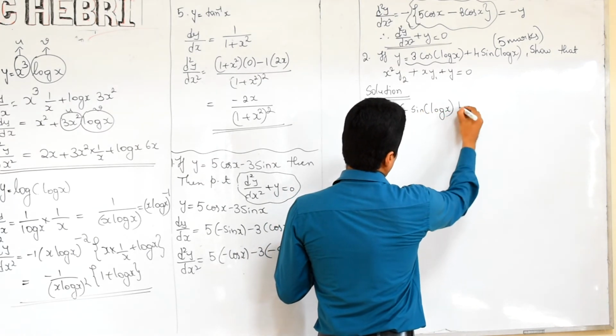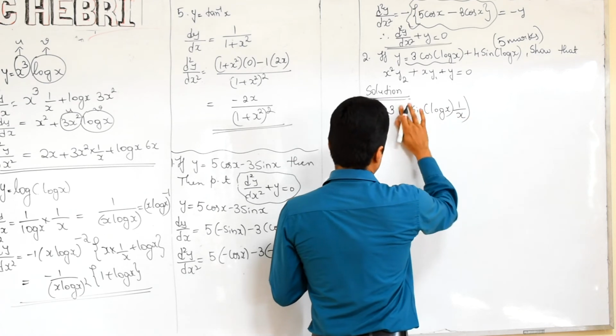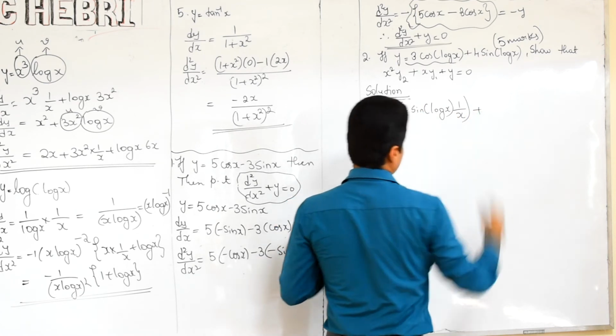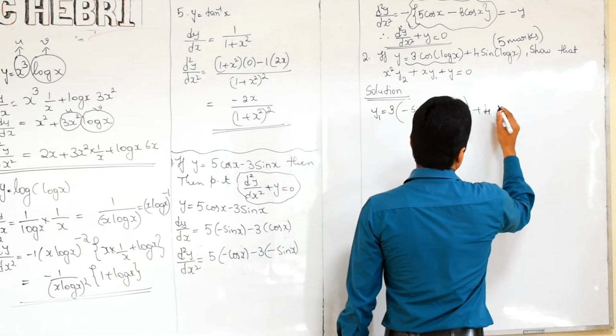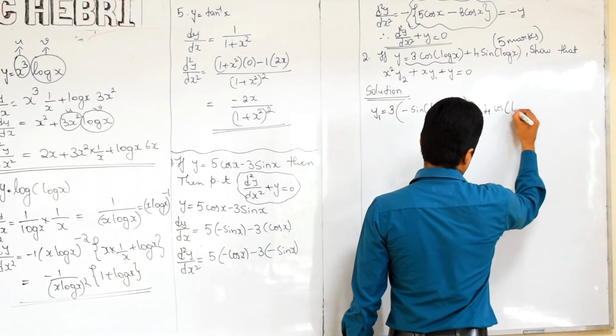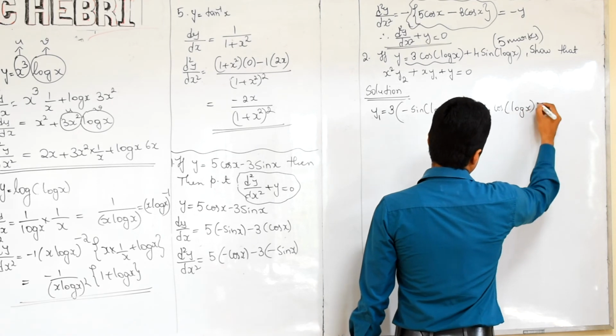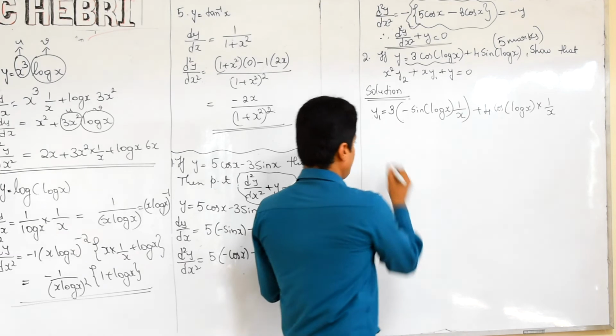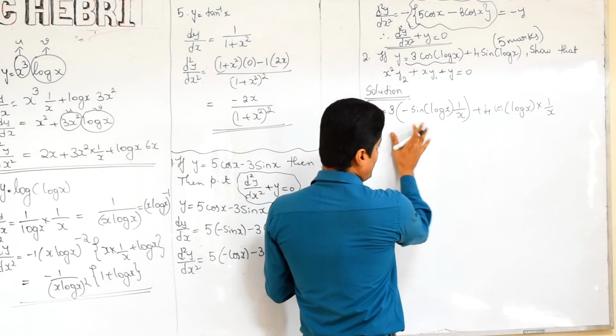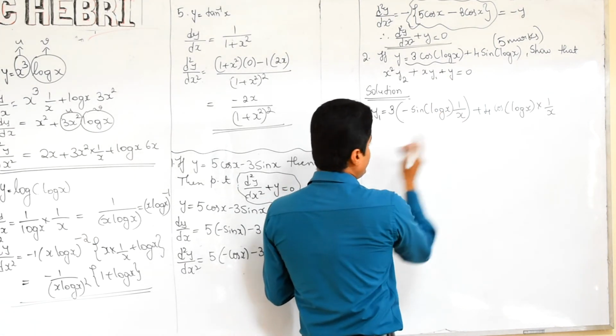Very good. 3 into, start with cos of log x, how do you differentiate it? Very good, minus sin of log x into the differentiation of log x, which is 1 by x. Plus 4 sin of log x, the outside function sin, its differentiation is cos of log x, into the differentiation of log x, which is 1 by x. Got it? Okay, fine. So before moving to the next order derivative, rearrange like this.